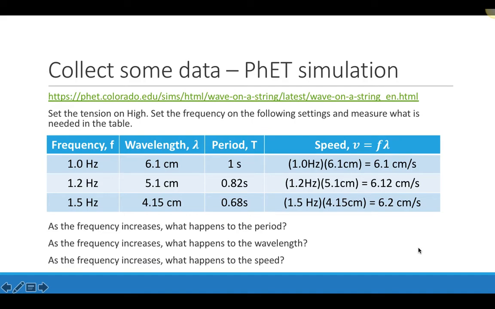And it turns out that the speed of a wave is fixed for a particular medium. This particular string has a particular mass and a certain tension associated with it. So as long as you don't change the properties of the medium itself where the wave is traveling, the wave speed will stay the same. Now if I change the settings so that the tension is lower, then the wave speed would actually change. And we're going to see that a little bit later.